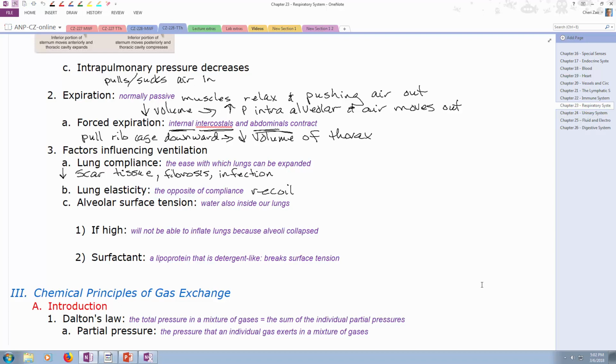Alveolar surface tension. Water is inside our lungs, as I mentioned earlier. Water is polar. Polar molecules like to attract one another. This is why we have this nice high surface tension because of water's polarity, why we even have a surface to our lakes and things like that.